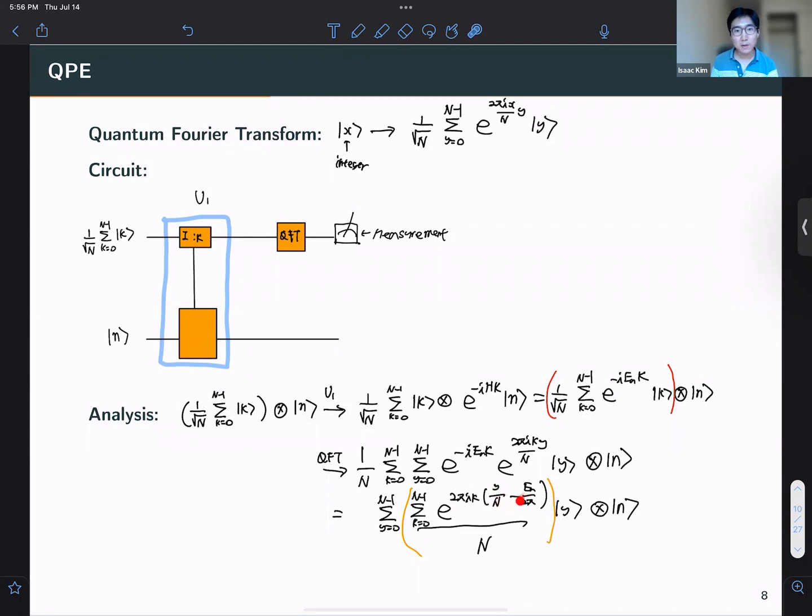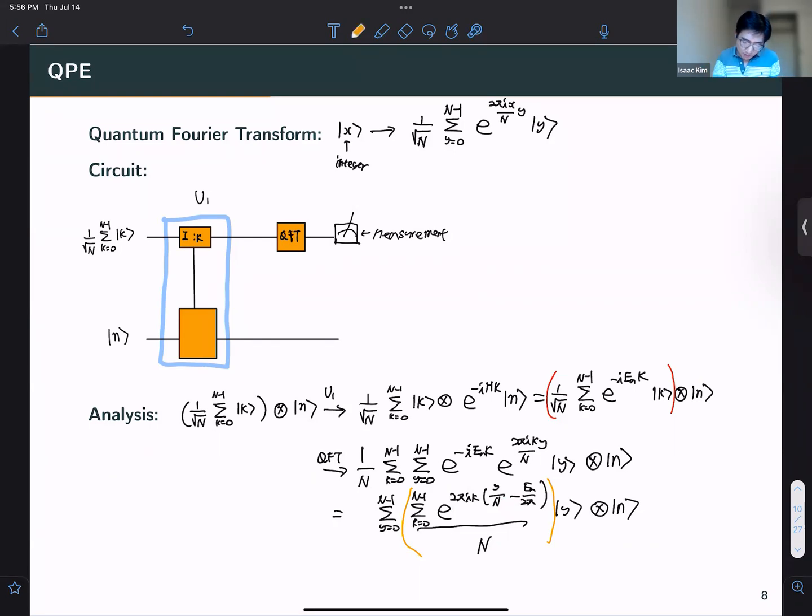But if this thing is 0, all the phases will be aligned. So you're going to get a sum of exponentials of 2 pi i k times 0, summed from 0 to n minus 1, and in that case you get 1. Otherwise, you get something extremely small.